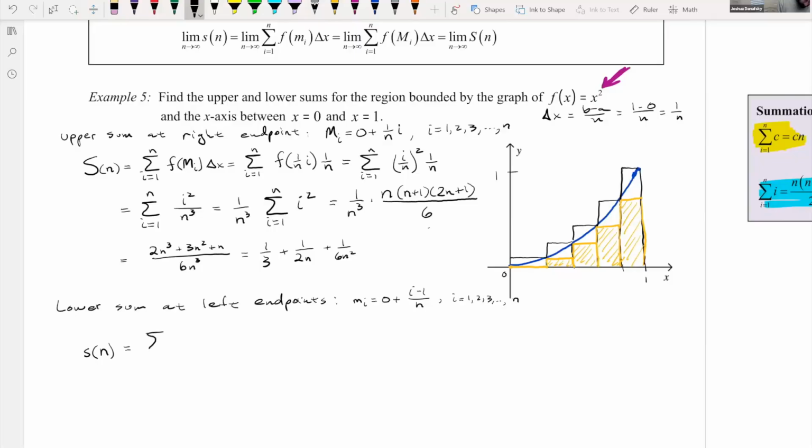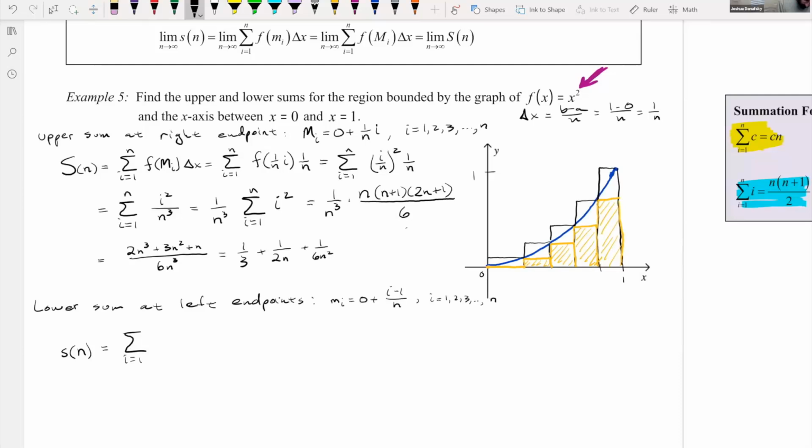That's going to equal the sum i equals 1 to n of f of little m sub i times delta x, which is the sum i equals 1 to n of plugging in (i minus 1) over n times 1 over n like that. The sum i equals 1 to n of, what do we have to do for our function? Again, look at the pink arrow up there.